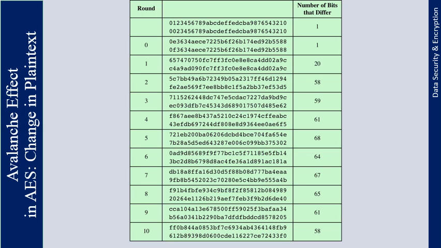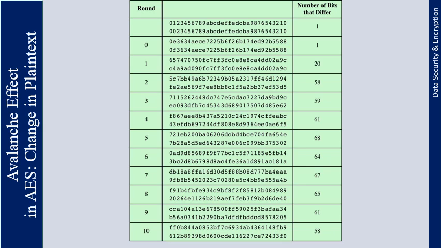So in the Data Encryption Standard, we studied a change effect which was known as the avalanche effect. The avalanche effect is also visible in the Advanced Encryption Standard, and we can see change in the plain text.